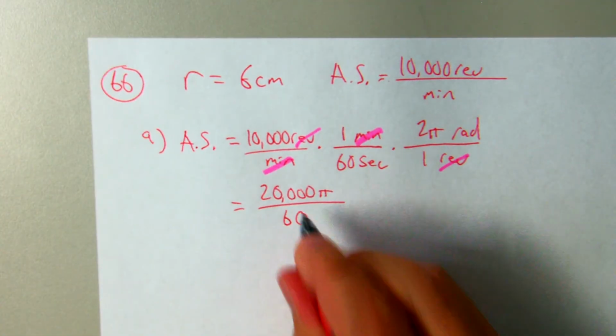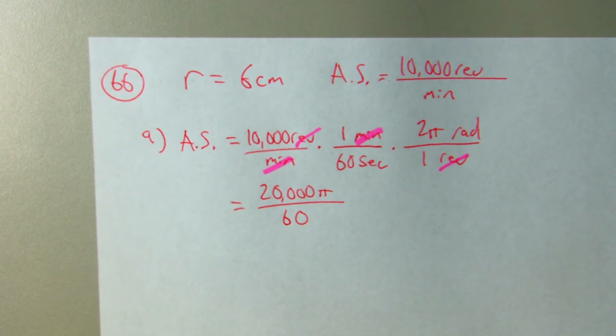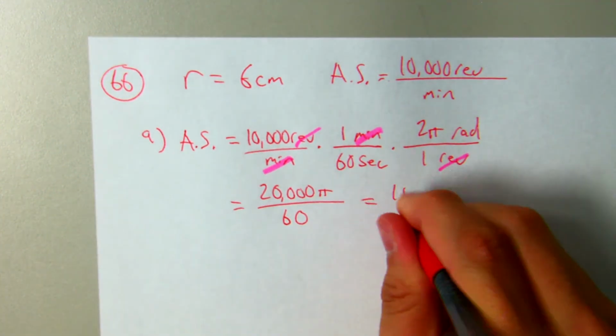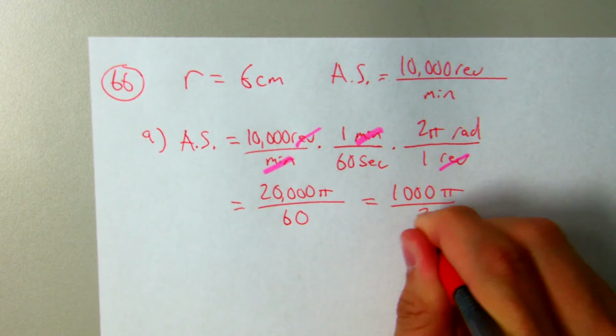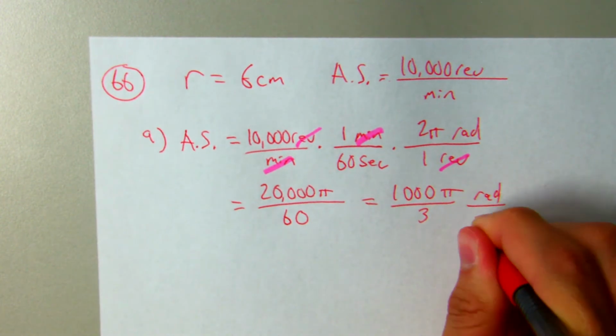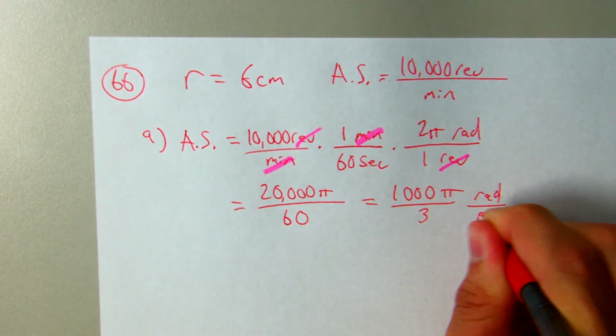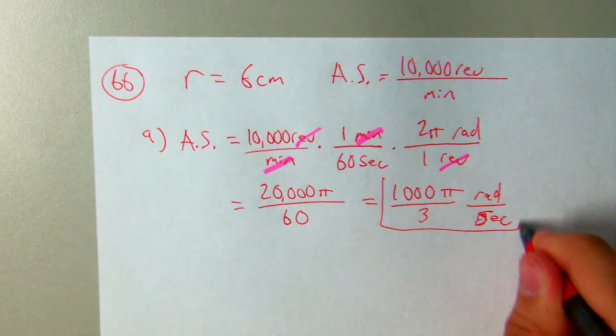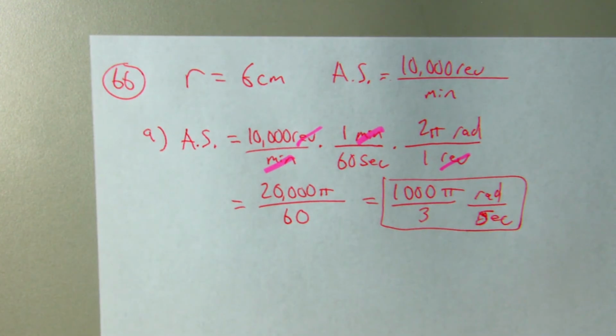My denominator would be 60. If I reduce my fraction there, that is 1,000 over 3 pi radians per second. Or you can multiply in pi if they want to.